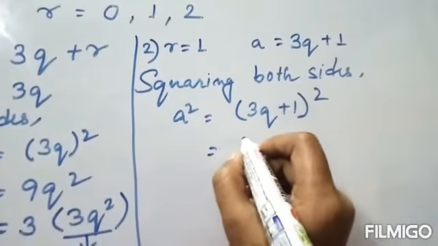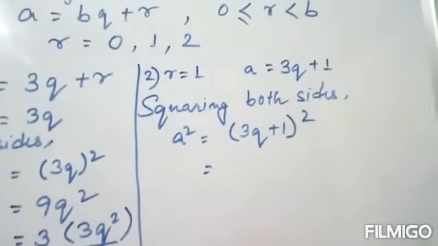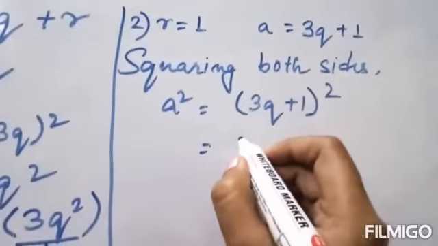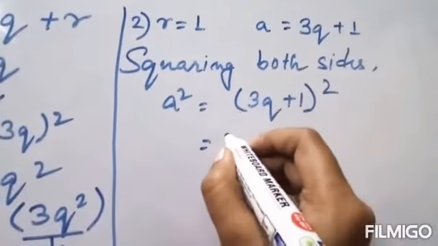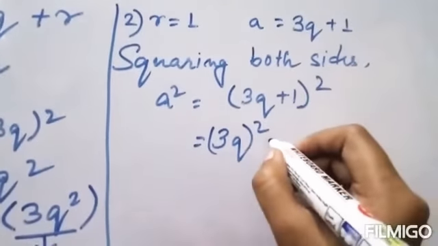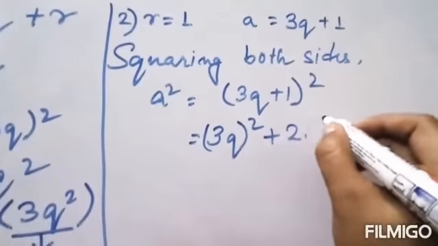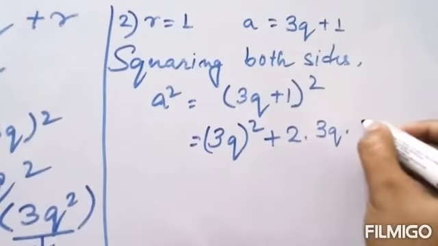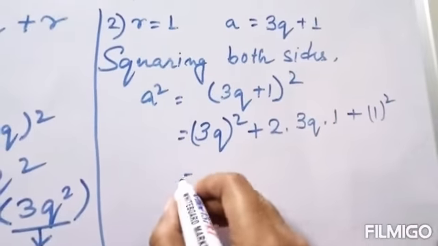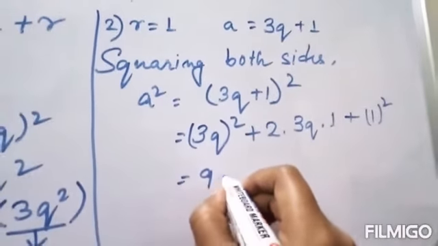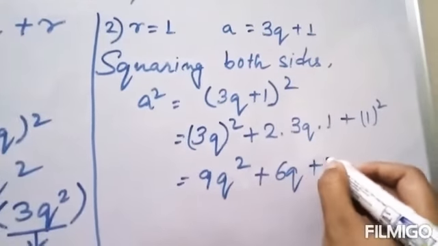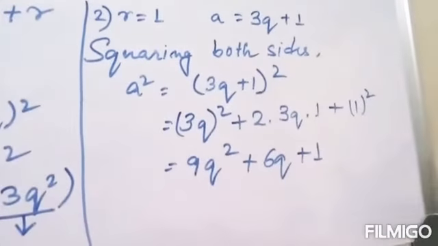Now if we break this, we will get 3q square plus 2 into 3q into 1 plus 1 square, which means 9q square plus 6q plus 1, right?